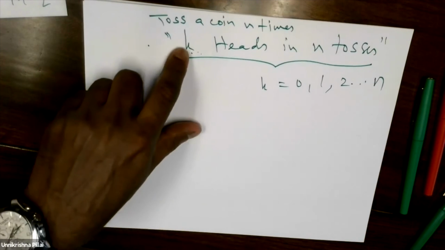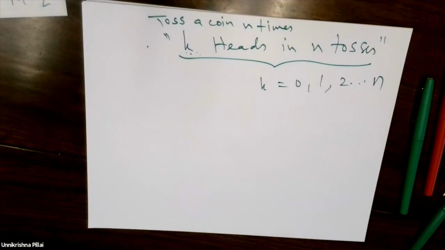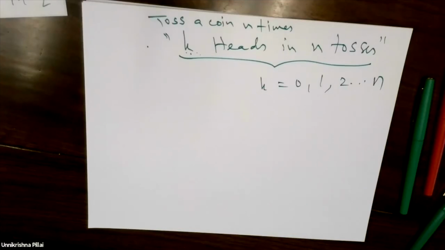K is the number of heads, so beforehand you cannot predict k. Another way of saying this is that k is random. Once the coin is given, you have no idea how many heads will show up in n tosses unless you do the experiment. So k is a variable.